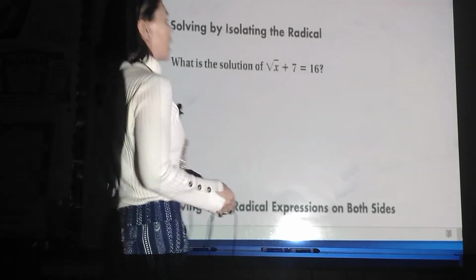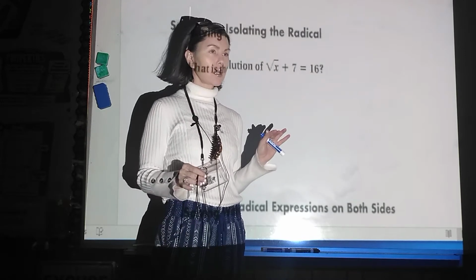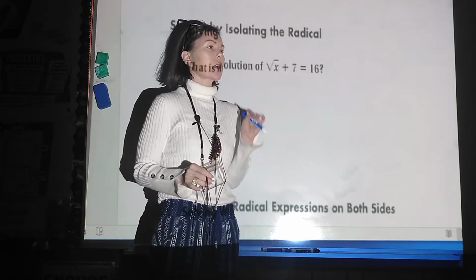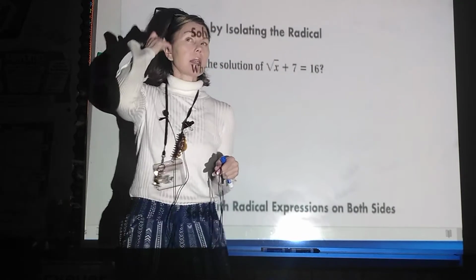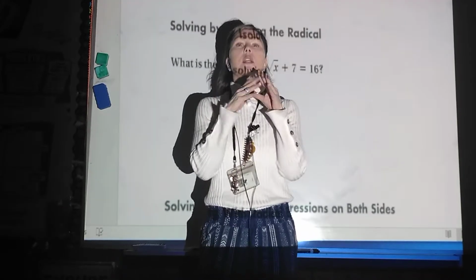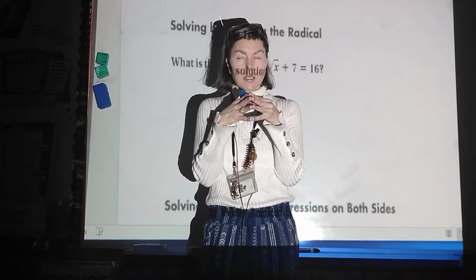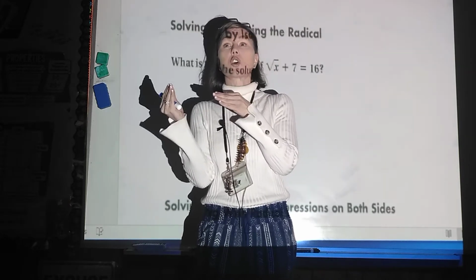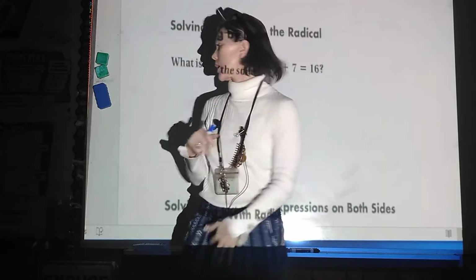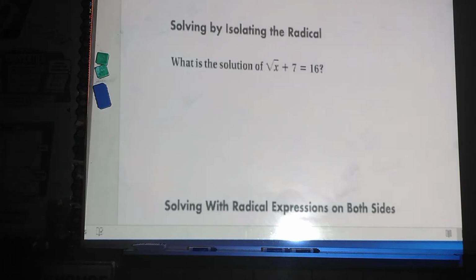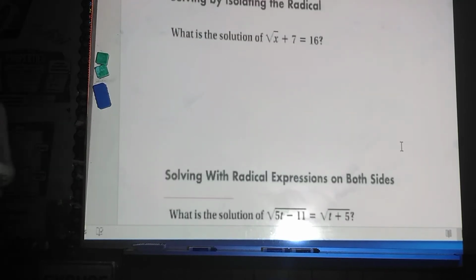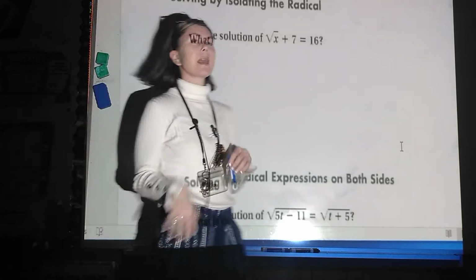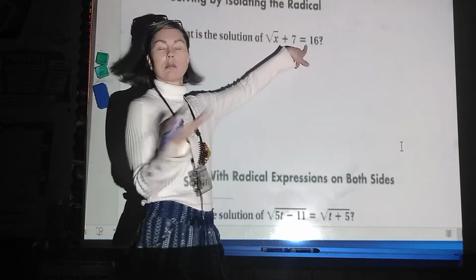Here we go. This is the last lesson in the radicals unit. And since we are working on radicals, it makes sense that we are going to be solving radical equations, okay? And so you've already written this down, okay? And what makes this an equation?